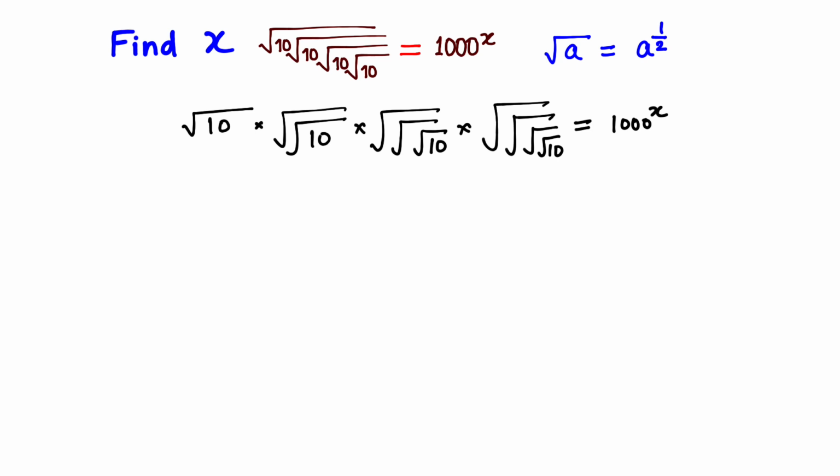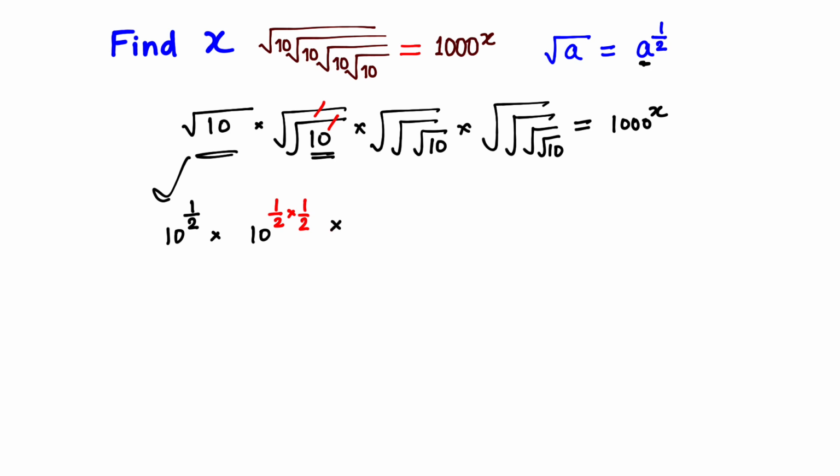Now, from the first one, as I told you, if anything is under root, it means that number is raised to the power 1 by 2. So from here, this 10 is raised to the power 1 by 2. Then multiplied by the second 10 raised to the power 1 by 2 multiplied by again 1 by 2 because there are 2 roots.